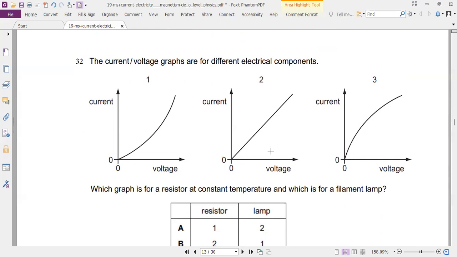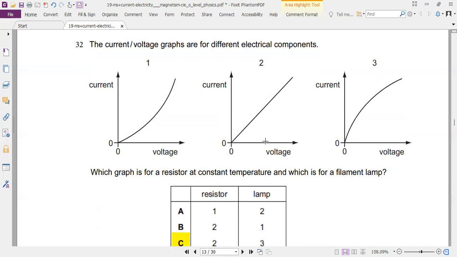Different electrical components. The filament lamp will not increase the current for voltage, so it is 1. And constant temperature resistor will be 2.